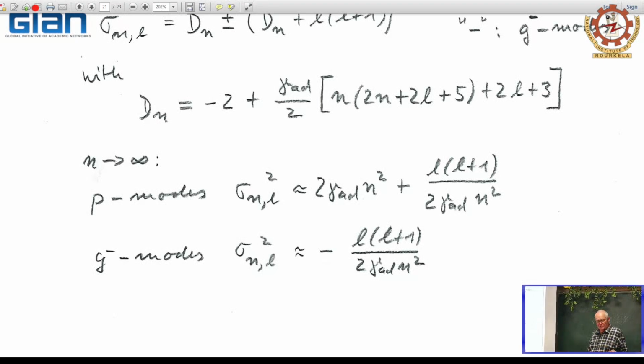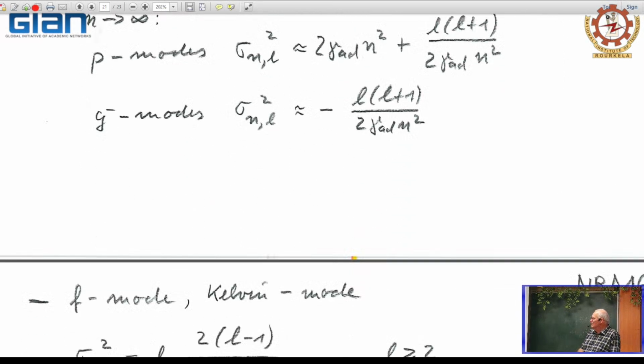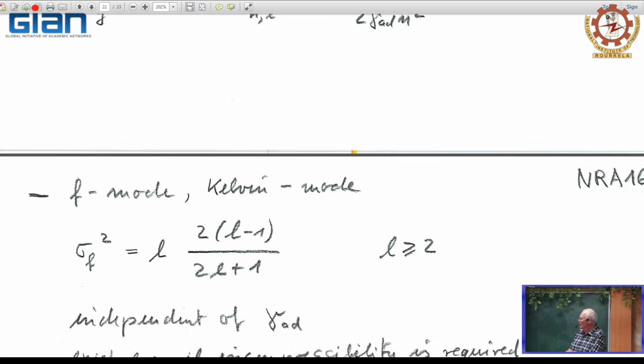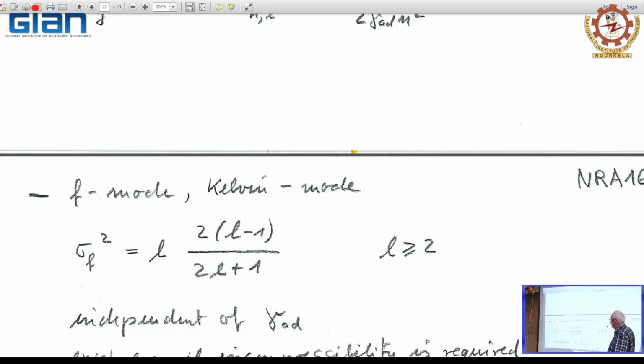So they go with the ratio of the azimuthal order divided by the radial order. Well, so we have the spectrum of p and g minus modes for this configuration, and these solutions also allow for a singular solution of these equations, which is called the f mode or the Kelvin mode. There's only a single mode left apart from the g minus modes and the p modes, which is determined by the harmonic degree L only.